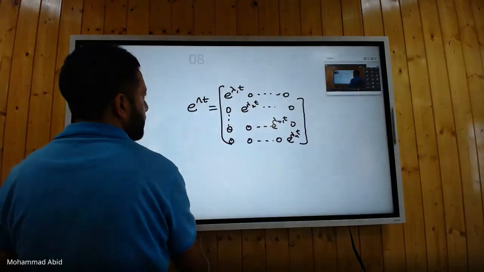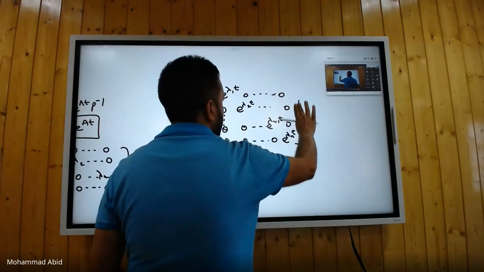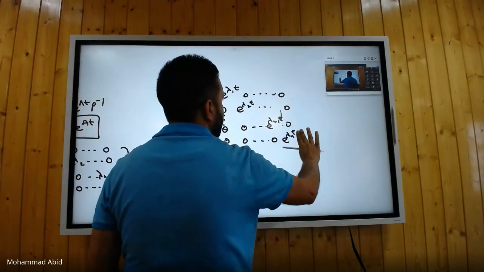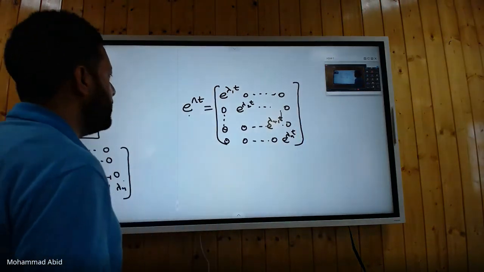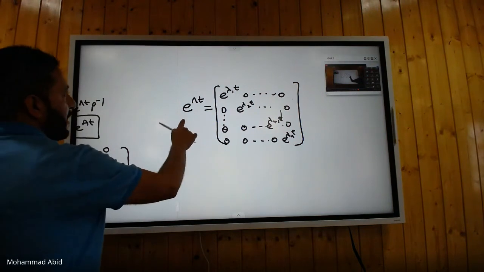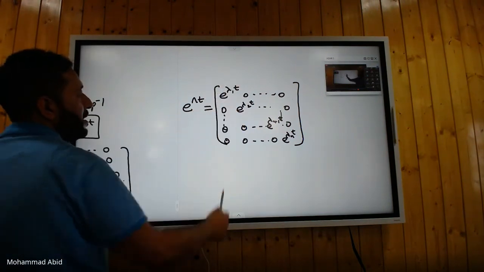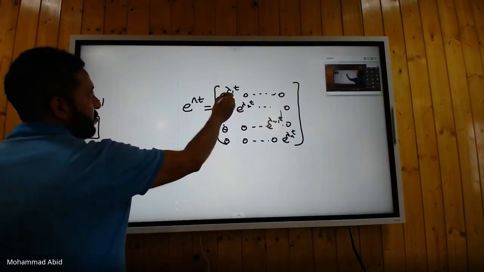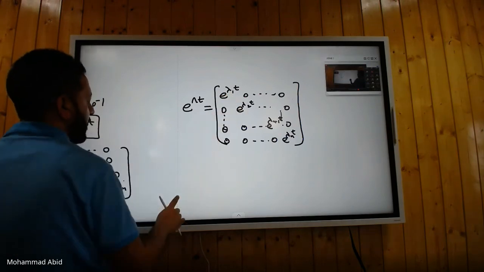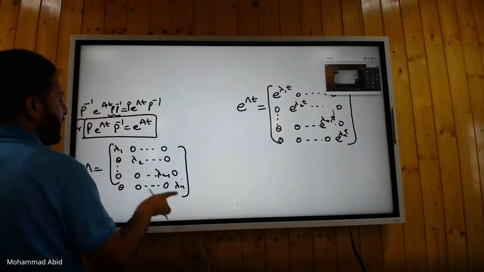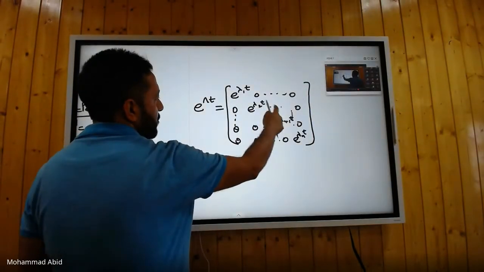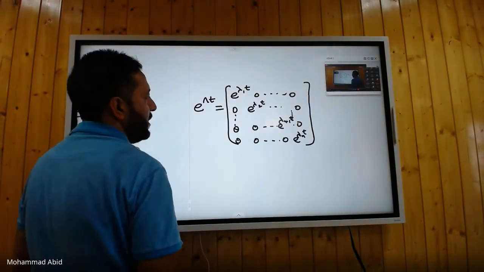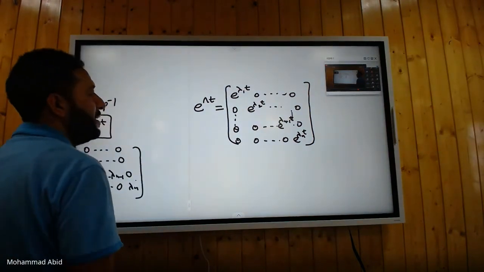Is that okay? मुझे अगर एक डायगोनल मैट्रिक्स दिया गया है और उसका मुझे स्टेट ट्रांजिशन मैट्रिक्स e to the power lambda t इवैल्यूएट करना है, तो I just have to take the scalar operations, तो ये स्केलर ऑपरेशन मुझे परफॉर्म करने हैं on each eigenvalue. I can do it simply like this: e to the power lambda 1 t, e to the power lambda 2 t, so on up to e to the power lambda n t. So it becomes an easy task for a diagonal matrix.